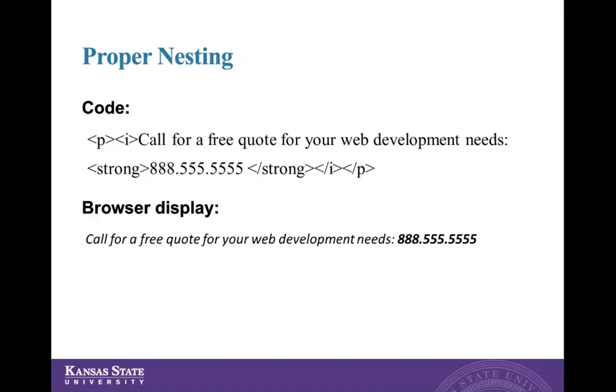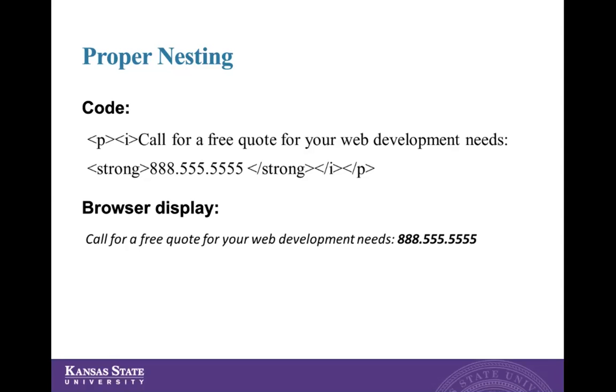To get it to look like that, the code right above is how we would do it. The first part, everything is going to be within our paragraph element, so our P tags. And then we want the whole thing to be italicized. Okay, so we're going to put an opening I and a closing I tag at the beginning and at the very end of that text.